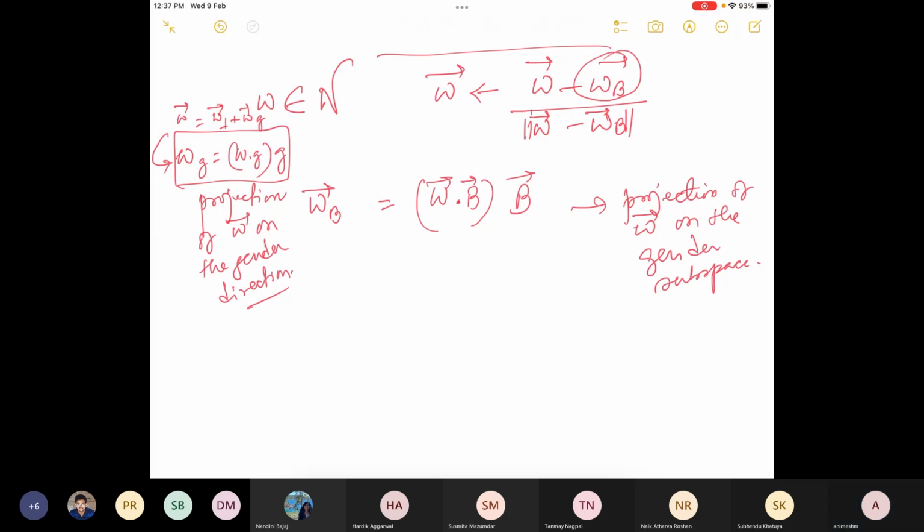So now nurse, doctor, etc. get rid of their gender components.